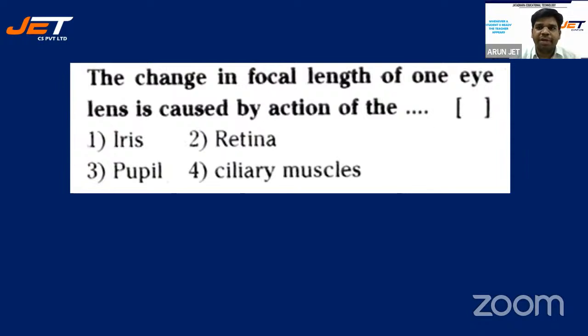The change in focal length of eye lens is caused by action of iris, retina, pupil, ciliary muscles. All right, Shashank, Manohar.